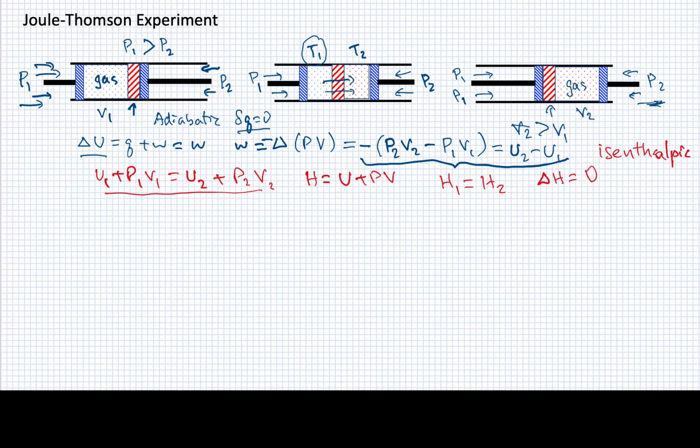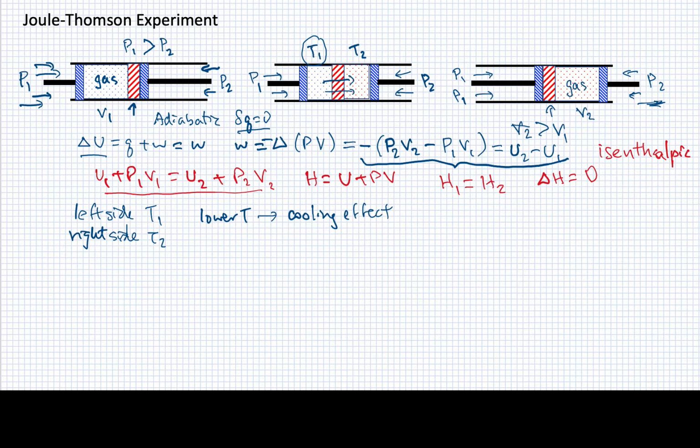Well, when they ran this experiment, for many gases that they ran, we have on the left-hand side a temperature T1, and on the right-hand side a temperature T2. What is the relationship between these temperatures? Well, they found for the vast majority of substances, what tended to happen at lower initial temperatures is that there was cooling of the gas as it went through. All right, so there was a cooling effect that was observed.